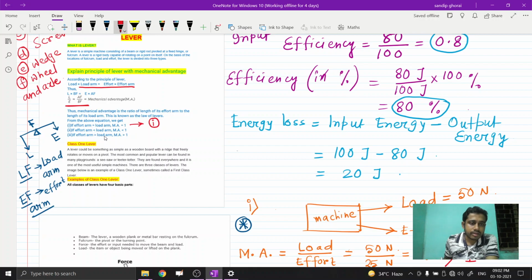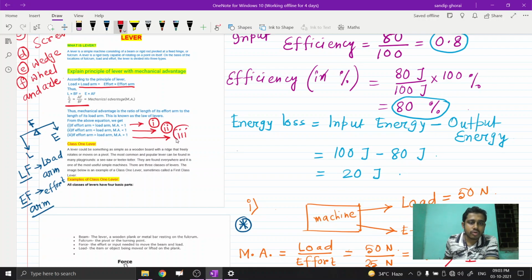The second one: when load arm is greater than effort arm, then mechanical advantage is less than 1. And the third condition: when effort arm is greater than load arm, then mechanical advantage is greater than 1.